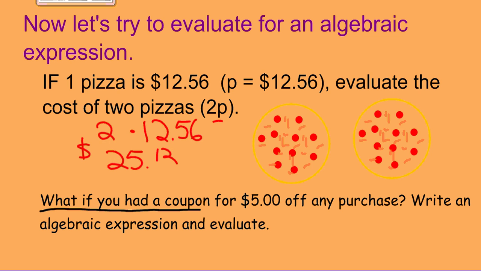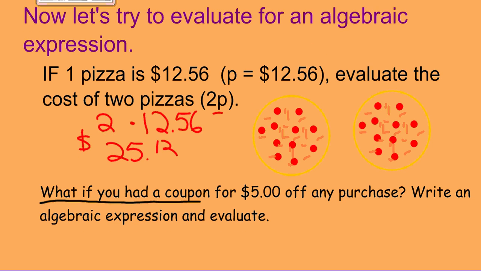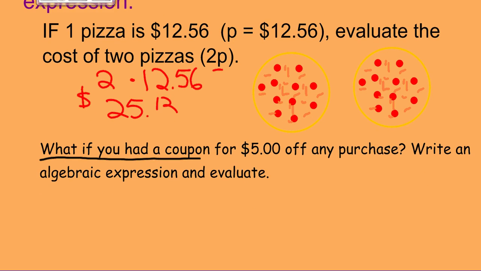If you wrote an algebraic expression, you would have to write, again, we would write 2 times p. You could put a dot or just write the variable right next to it. That means to multiply. And then we would put minus $5.